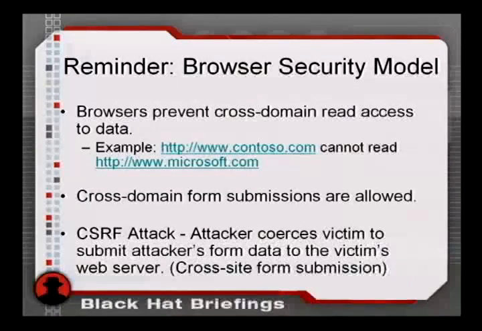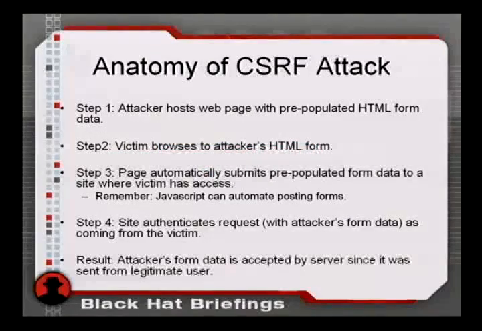So in the cross-site request forgery attack, the attacker coerces the victim to submit data that he's supplied to the target web application. So the anatomy of how this attack works: the attacker creates a form on his own web page and pre-populates it with form data that he wants the victim to submit. He coerces the victim to then browse to that form, and then that form is submitted to the victim's web server.